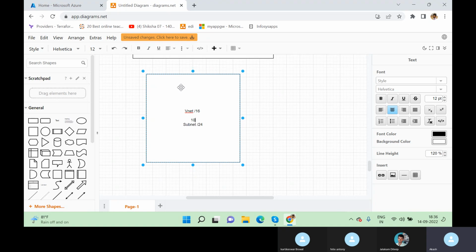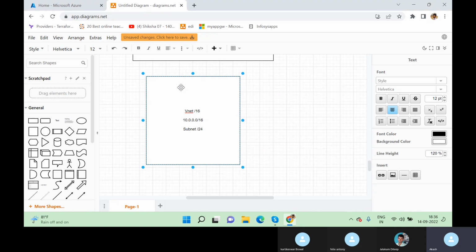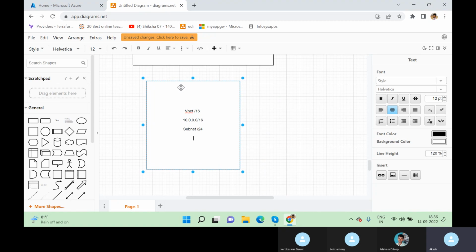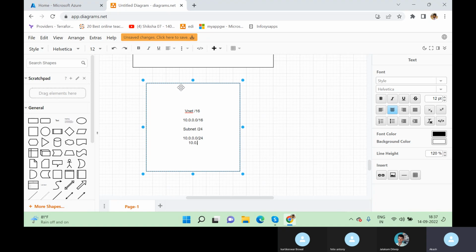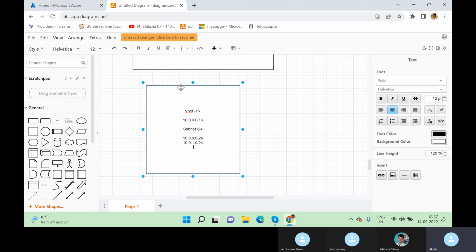Let's say my VNet address space is 10.0.0.0/16. My subnet address space is going to be something which is part of it, for example 10.0.0.0/24, 10.0.1.0/24, 10.0.243.0/24. All these are part of my VNet. Do you see these address spaces? If you expand the VNet range, these are going to be part of it.